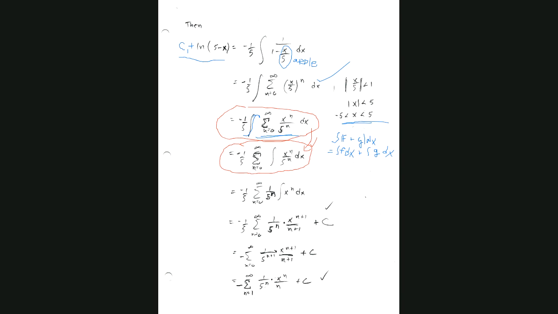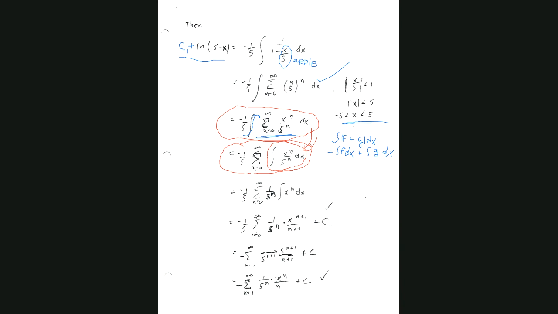All right. Well, so naturally, we need to integrate this. In the integral here, what is treated as a constant? You have the integral of x to the nth power over 5 to the nth power dx.